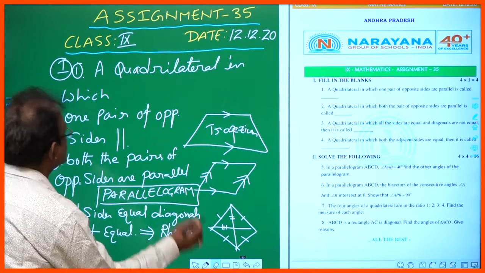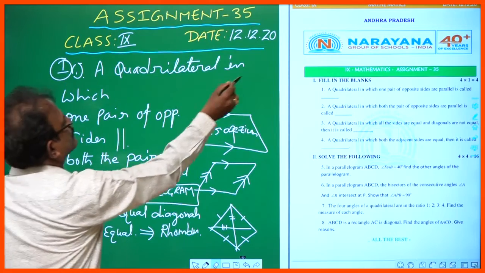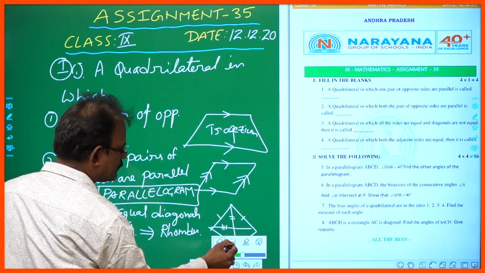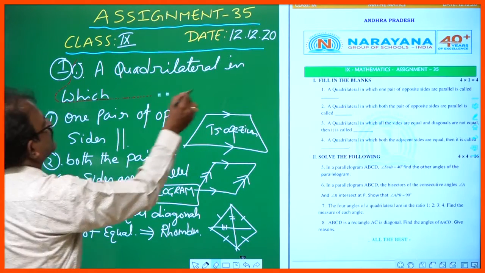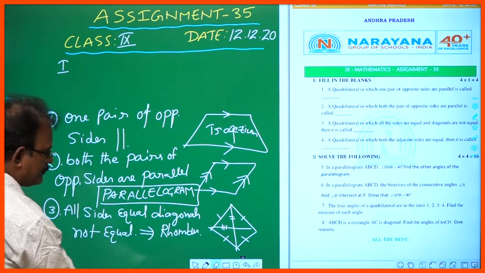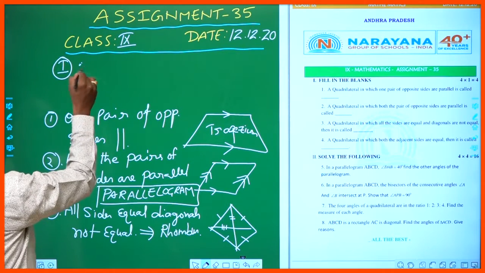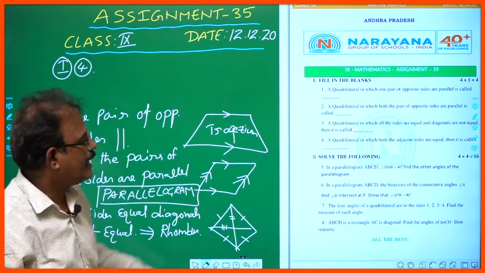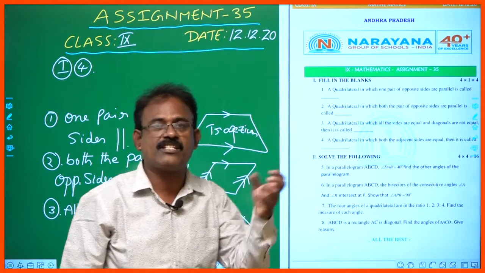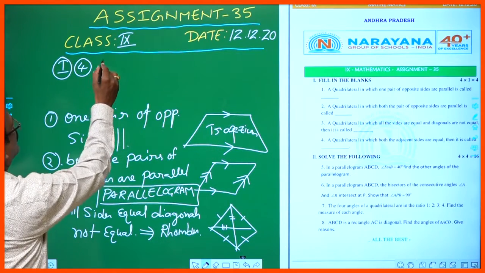And the fourth one is a quadrilateral in which both the adjacent sides are equal.